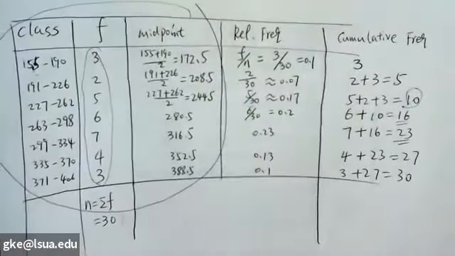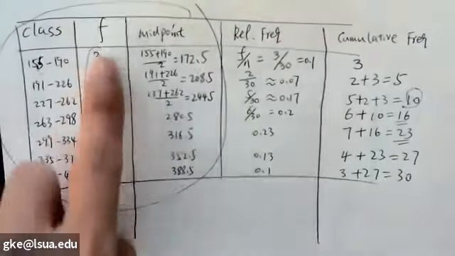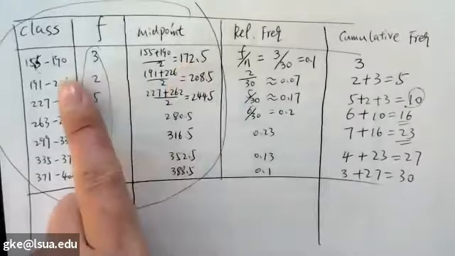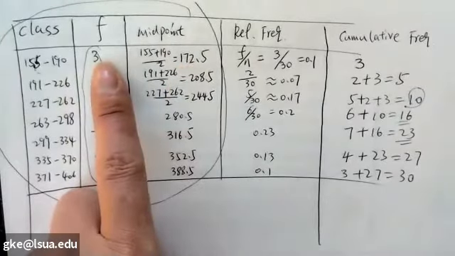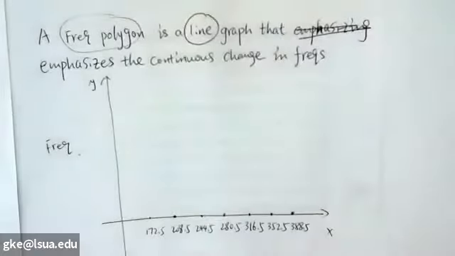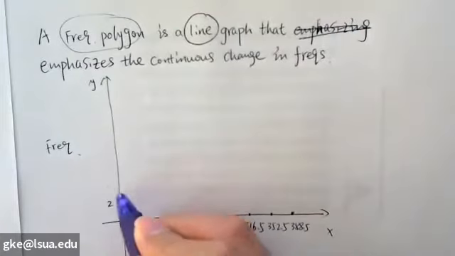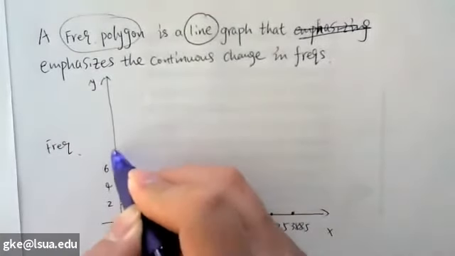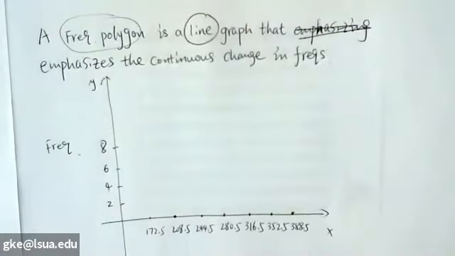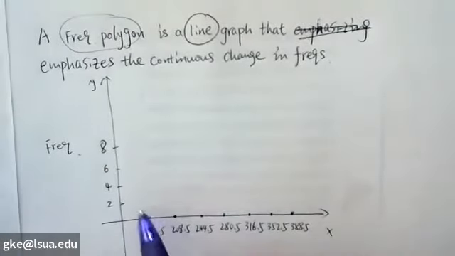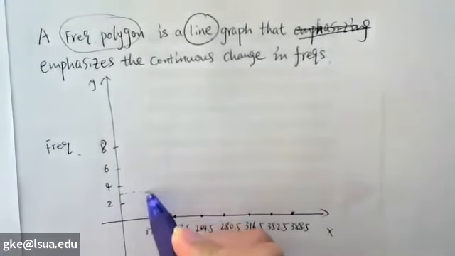And now for the y-axis, we need to mark down the frequency. For the first midpoint, 172.5, the frequency is 3. So 3 is here.